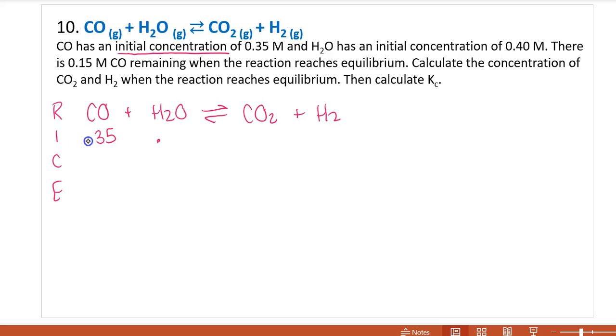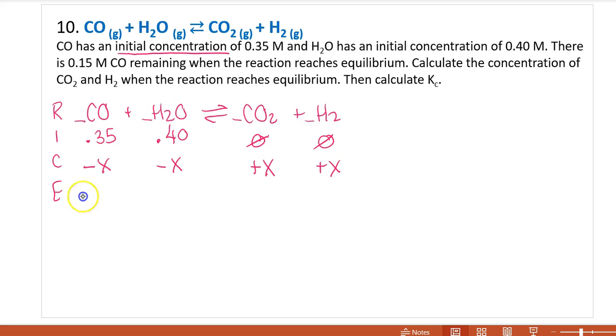Water has an initial concentration of 0.40. We always assume, unless we're told otherwise, that the initial concentration of the products is 0. Reactants always decrease in concentration, so minus X. Products increase in concentration plus X. And again, everything has a coefficient of 1, so that's why it's minus 1x or plus 1x.